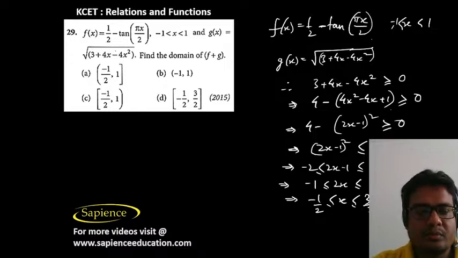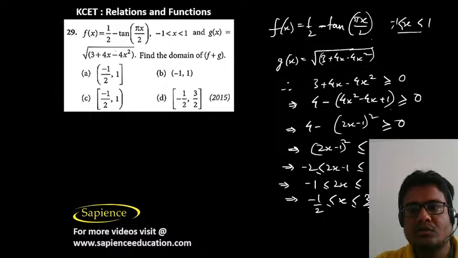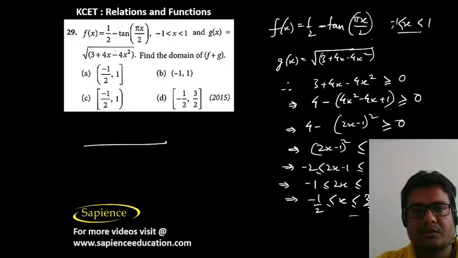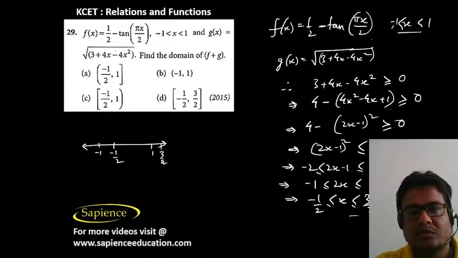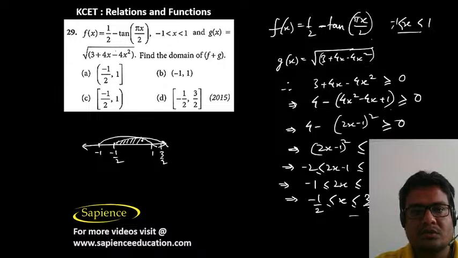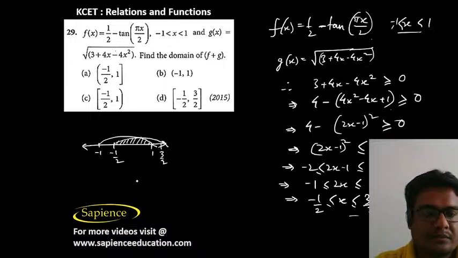So the domain of f plus g should be the intersection of this domain and this domain. So here it is told for the function f, x is going from minus 1 to 1, and here x is going from minus half to 3 by 2. So the common intersection region we have to take, the common domain of f and g, that is minus half to 1.